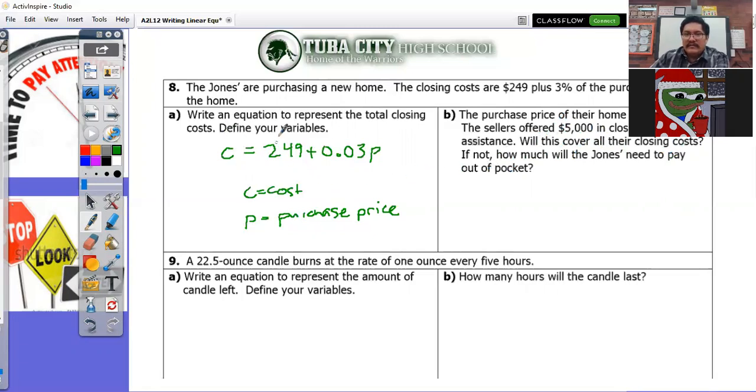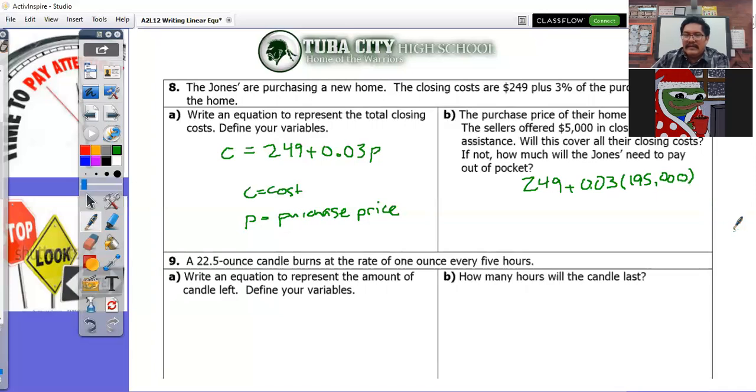So let's go ahead and use our function here. We know that $249 doesn't change, but the purchase price is 3% of $195,000.